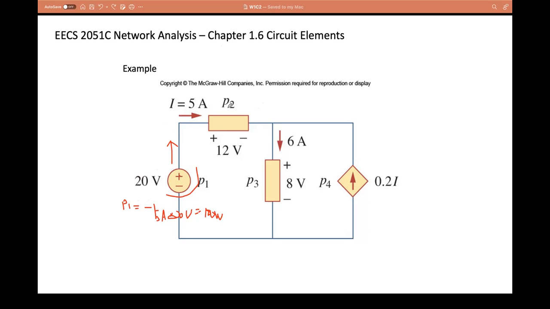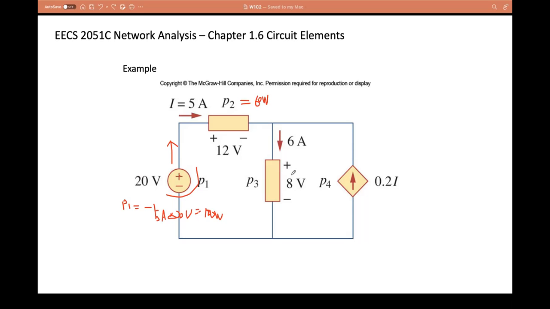So P2, if we take the second method we used, you see the current is going into the positive terminal of this element. So the current is positive. And going in this direction, the voltage is also positive. So P2 is equal to positive 5 amps times positive 12 volts, which gives us 60 watts.